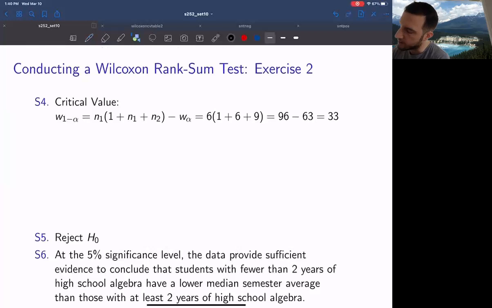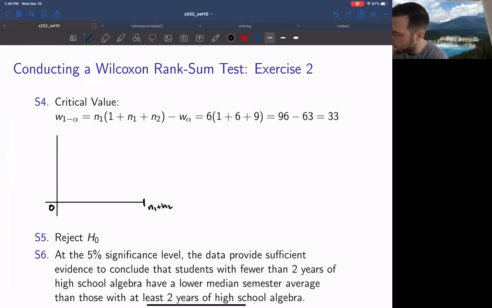So if we were to sketch this distribution out, we would have something that looks like this. Here we would have 0. At the maximum, we would have n1 plus n2 multiplied by (1 plus n1 plus n2) divided by 2.